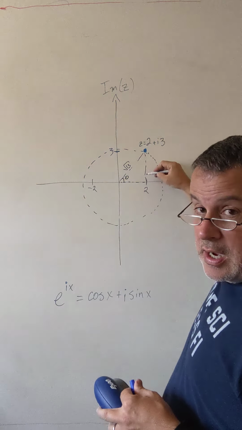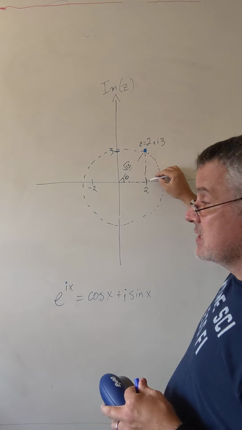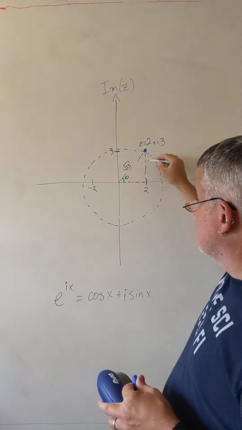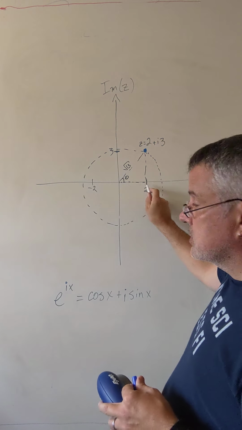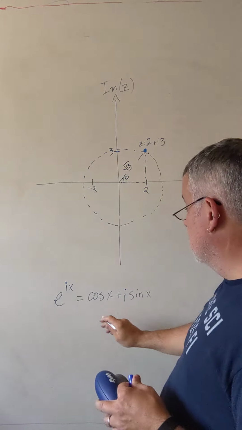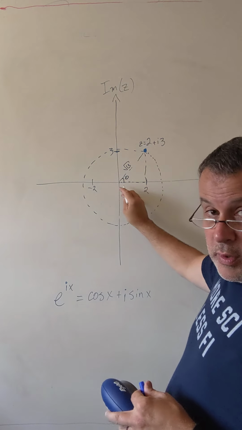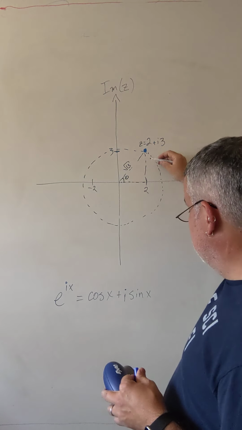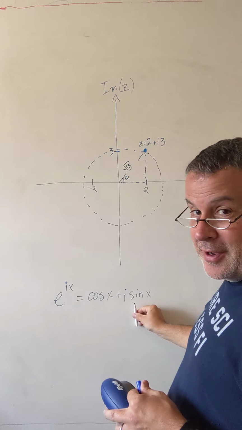Then here we have the opposite over the hypotenuse. Sine would go with this one. Sine, cosine. Hey, look. Cosine, real. Sine, imaginary.